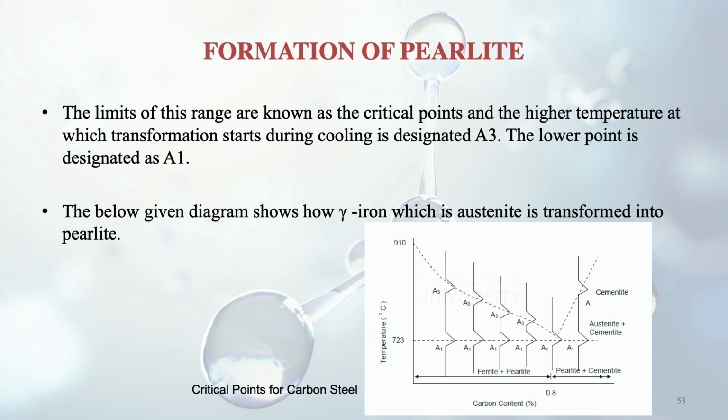So in this figure you can see A3 and A1. A3 starting point is around 910 degrees centigrade, and A3 can be anything in between 910 and 723, but A1 remains fixed at 723 degrees centigrade. This diagram is showing how gamma iron, that is austenite, is transformed into pearlite.